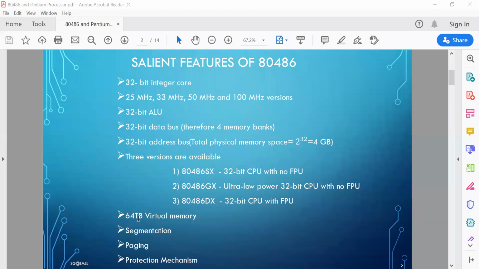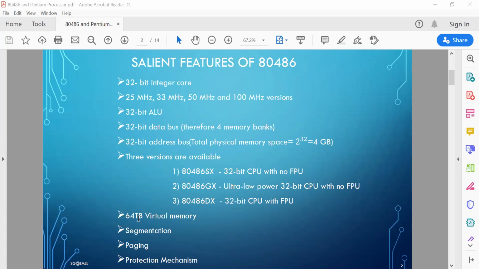Another features are segmentation technique, paging technique, and the protection mechanism technique. Now, what is the use of these techniques? For virtual memory address calculation, you need segmentation and the paging concept, and if you have the protection mechanism, there must be 4 privilege levels considered: privilege level 0, 1, 2, and 3, for different types of applications.